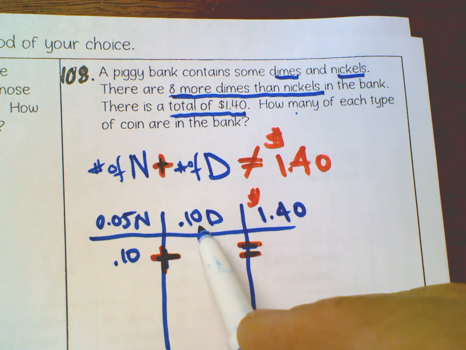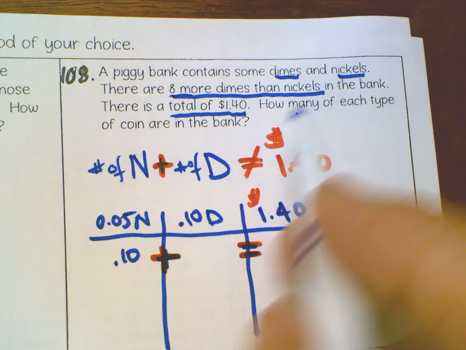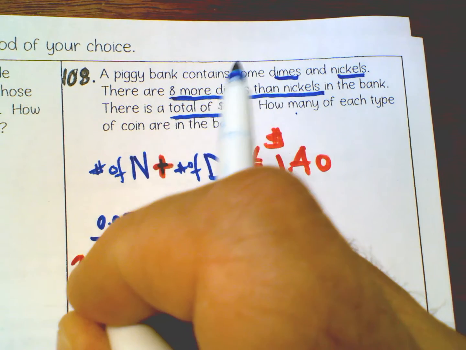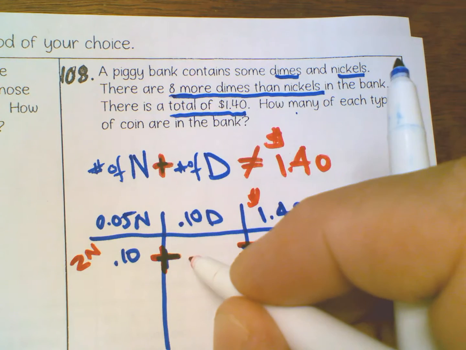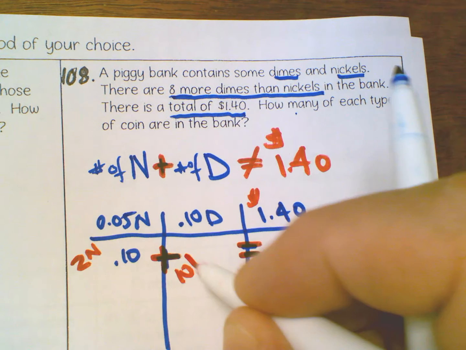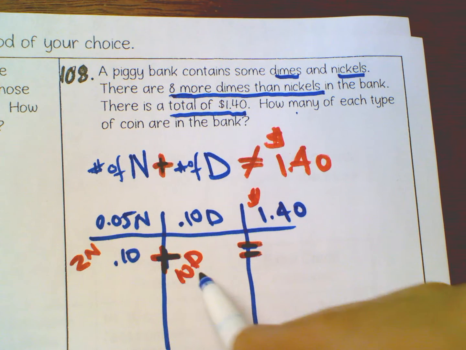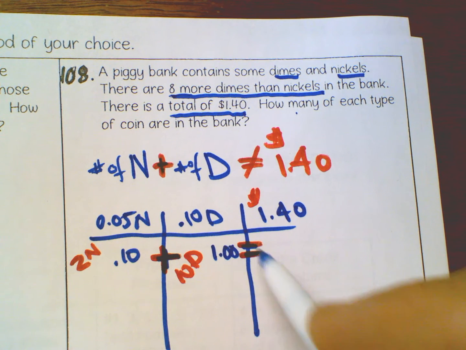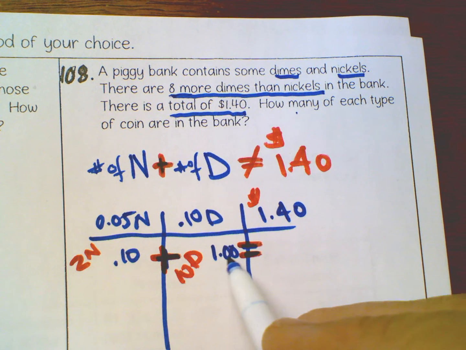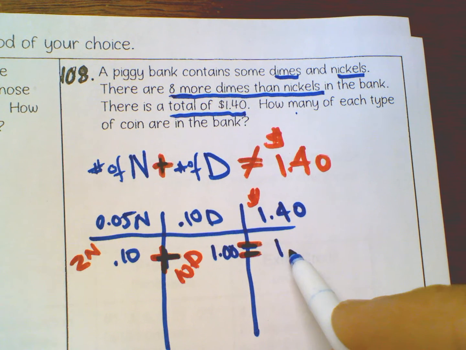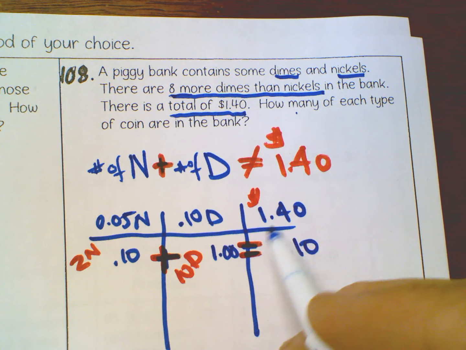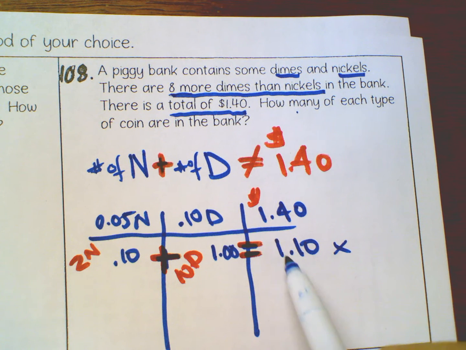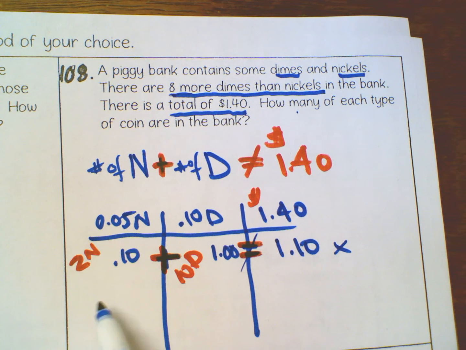So if there's 2 nickels, it would be 10 dimes, right? 10 dimes is going to give me a value of $1. So 10 cents plus $1 equals $1.10. Is that what I wanted? Nope, that doesn't check out. So let's guess again.